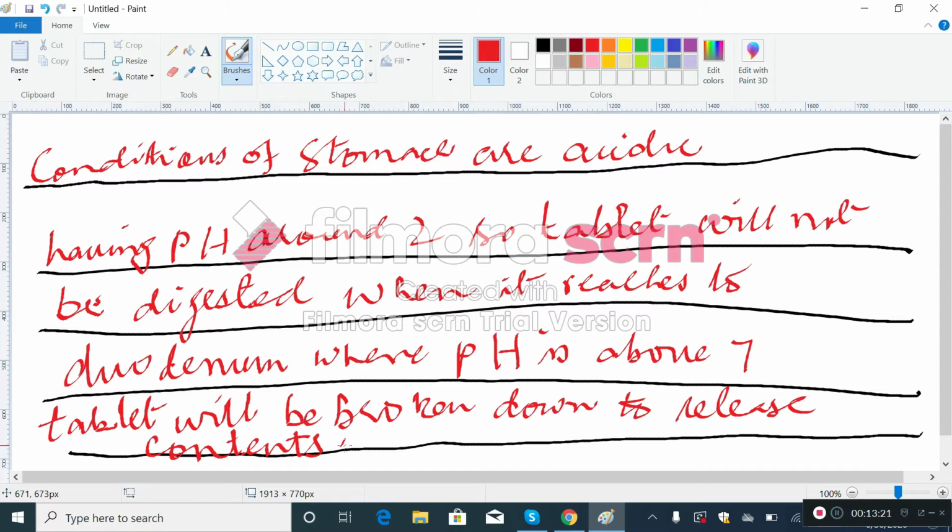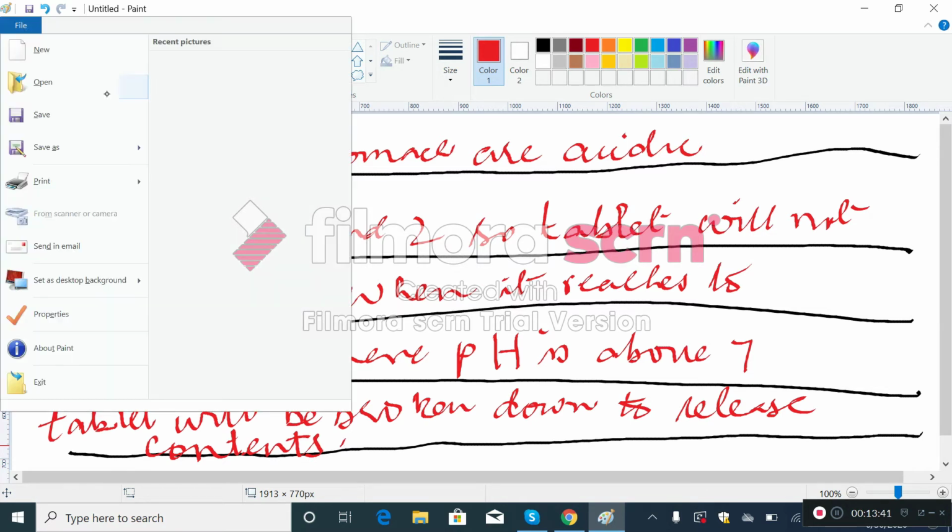It will pass to the small intestine from the stomach, where the conditions are more alkaline, pH is above 7. Over there, this tablet will be broken down and it will release its contents. So this is the answer that you have to write. Okay, move to next question.